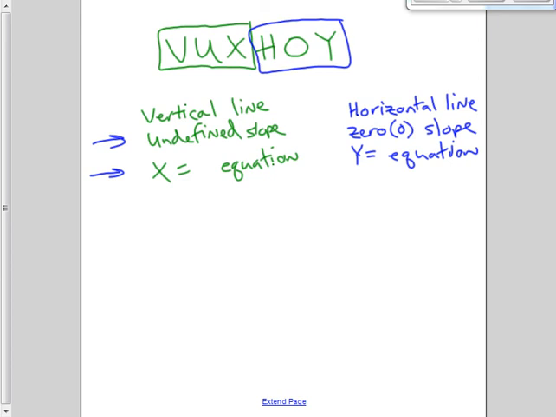There aren't any more of these special ones on this worksheet, but when you go through, I want you to name the slope, name the y-intercept, and hopefully you'll have a better understanding as we continue through the rest of these sections, using this VUXHOI idea, using more of the slope and y-intercept in a visual way as we graph these. But right now I just want you to name them, be able to pull them out of an equation.